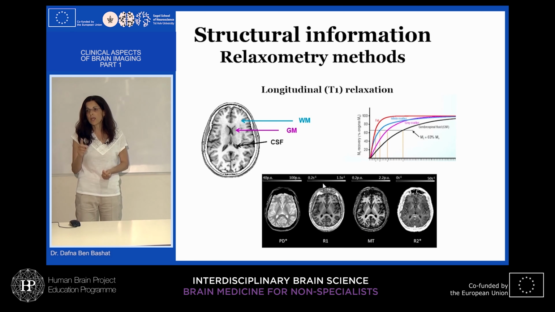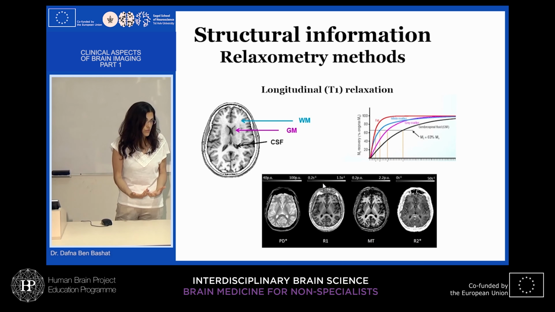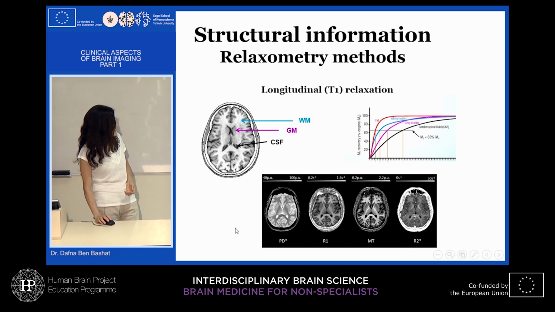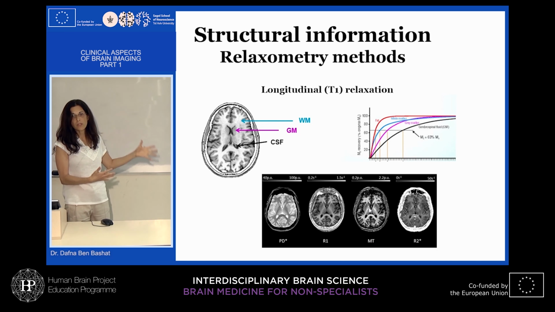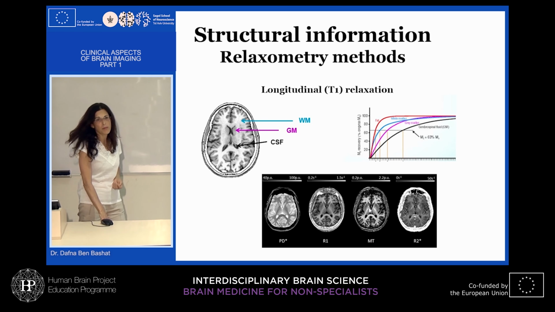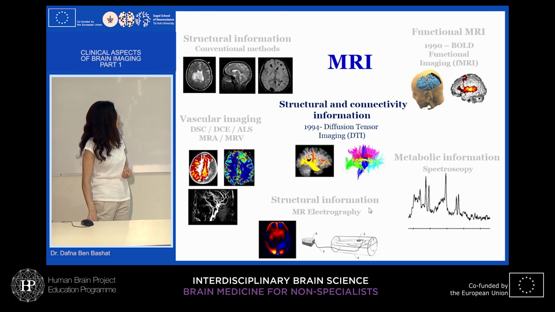Then I can say he is 160 and he is 180. This is more valuable information. This is another frontier, and I believe in the next few years, if this method succeeds, it will be implemented in routine clinical practice and even substitute the other contrasts.